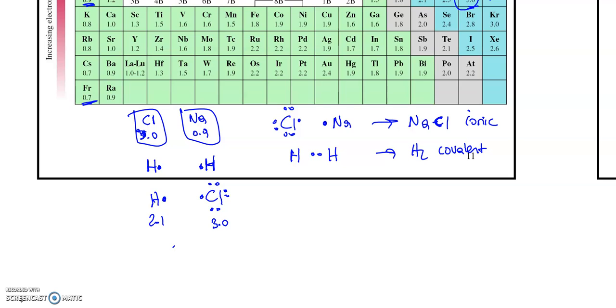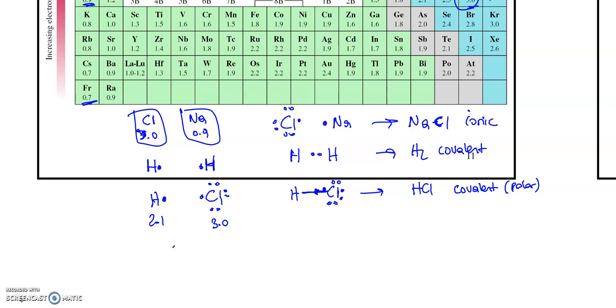So 2.1 versus 3, they both like electrons, so they will share, but the share is not going to be symmetric, or fair. Chlorine is more electronegative, so when they share, hydrogen's electron will be towards the chlorine more than the hydrogen. So you have HCl. This is a covalent bond, but we call it a polar covalent because it's polarized.